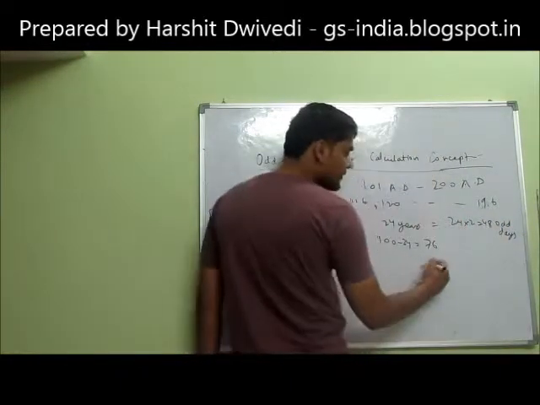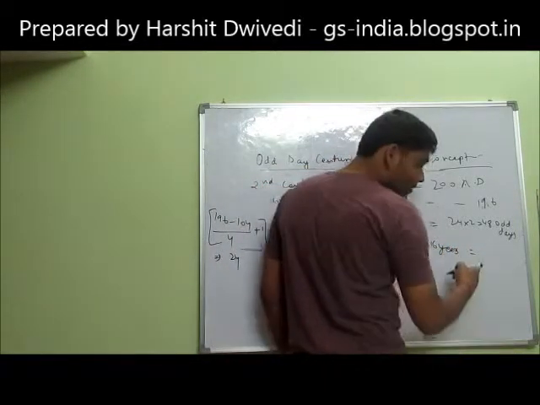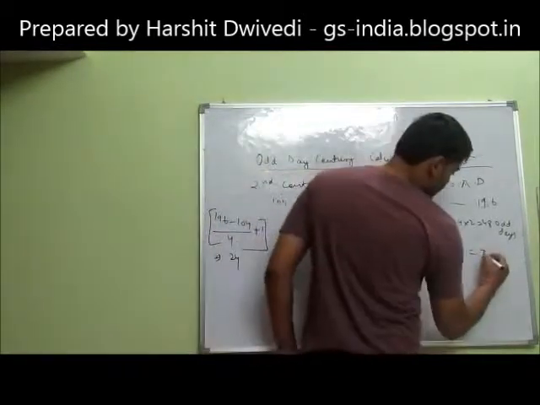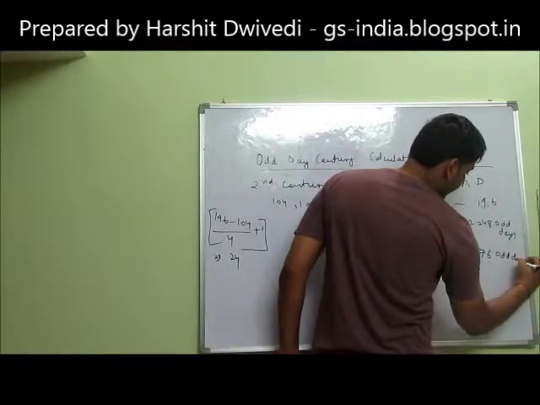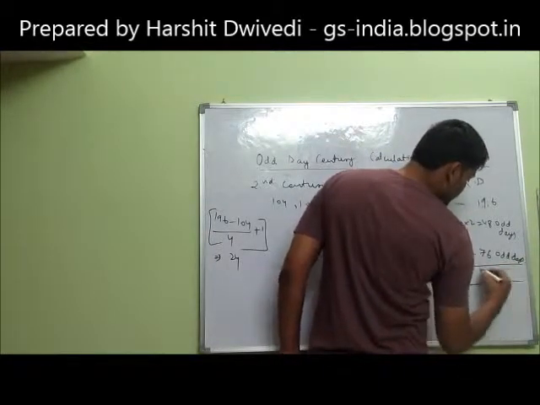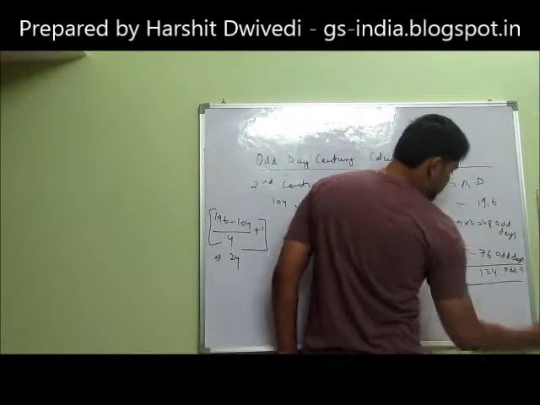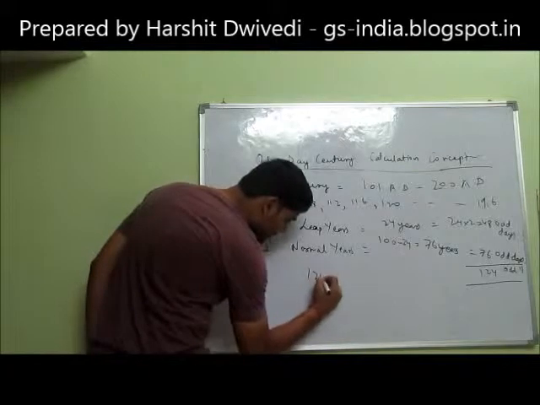And in this 76 years, for every 1 normal year there is 1 odd day, so odd days will be 76. So total odd days again 124.